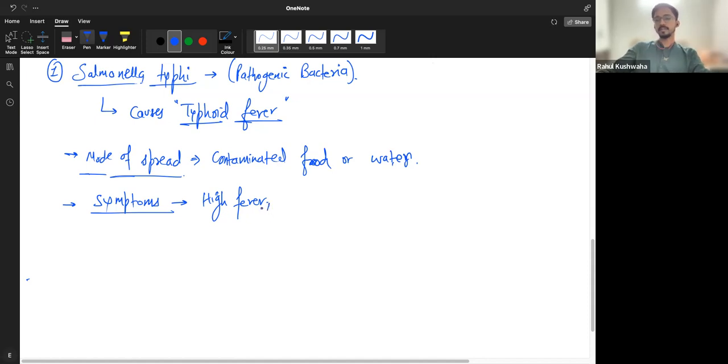And because it's affecting the intestine, you will have stomach ache, right? Because of the intestine getting affected and infected, there will be pain because of toxins produced, and the intestine will lose its normal rhythmic movement, which is called the bowel movement, or rhythmic contractions and peristaltic movement, right?